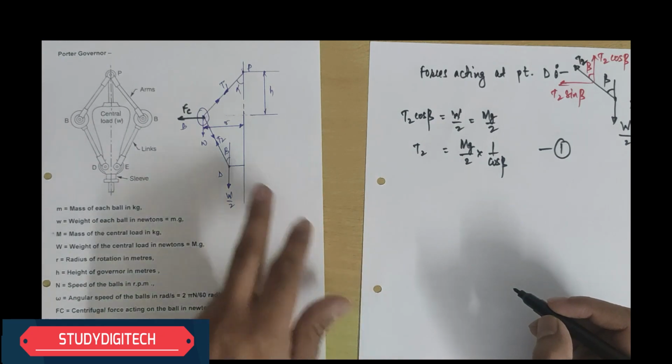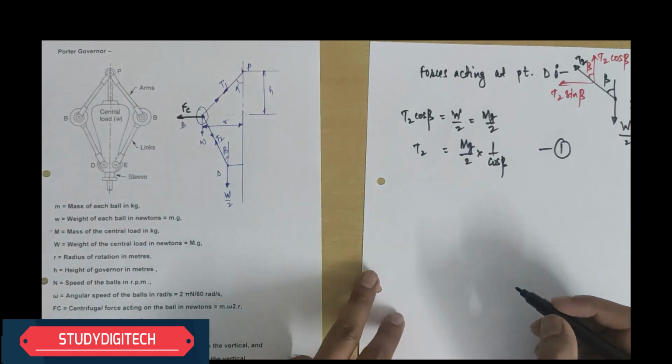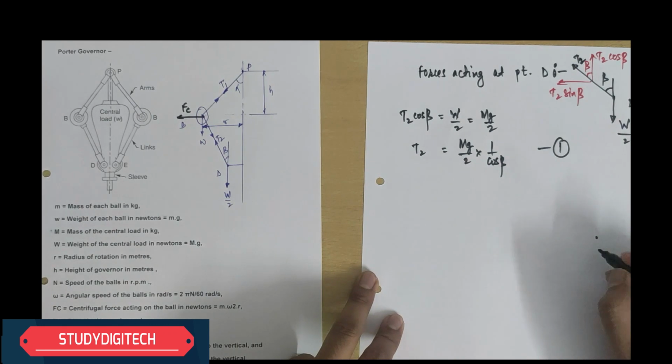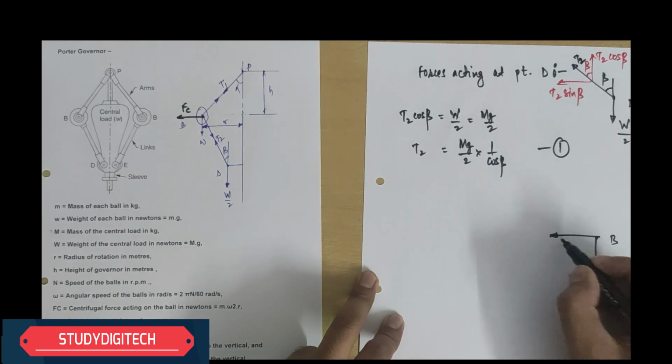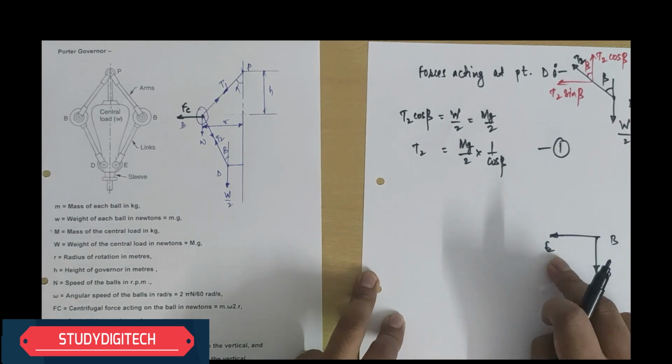Similarly, we are going to resolve the forces at point B. So we are going to consider point B. So at point B we have forces in equilibrium position. So first, small w means weight of ball in terms of Newton. Centrifugal force Fc, which is equal to m r omega square, acting in radially outward direction.